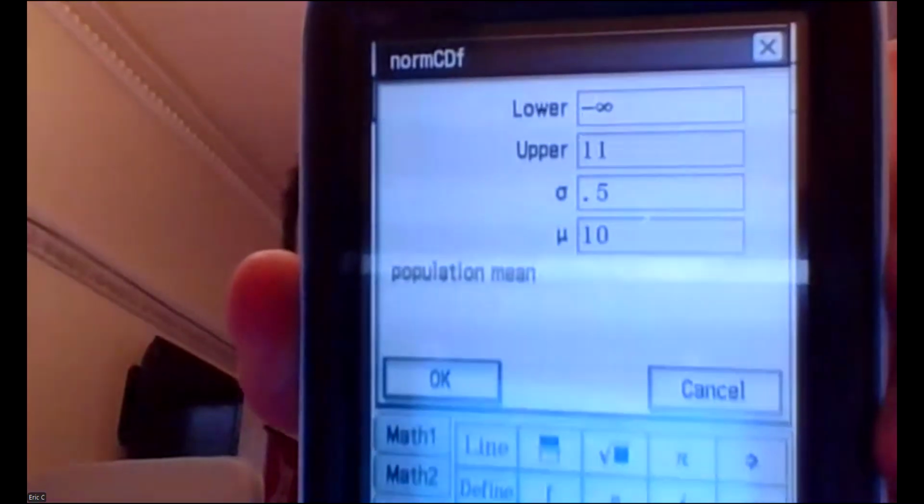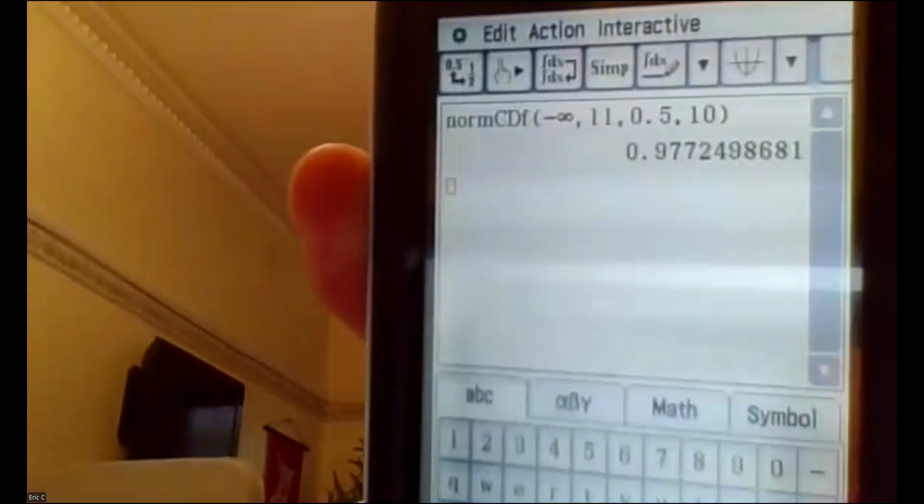Your standard deviation is going to be 0.5, and your mean is going to be 10. Type that all in, and then just go OK. And that is your first answer there: 0.9772.